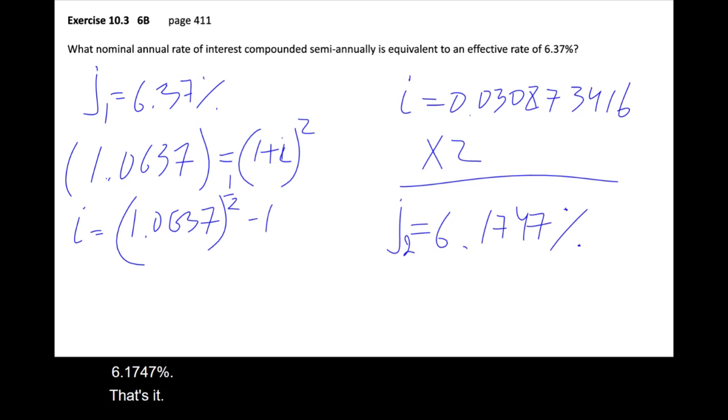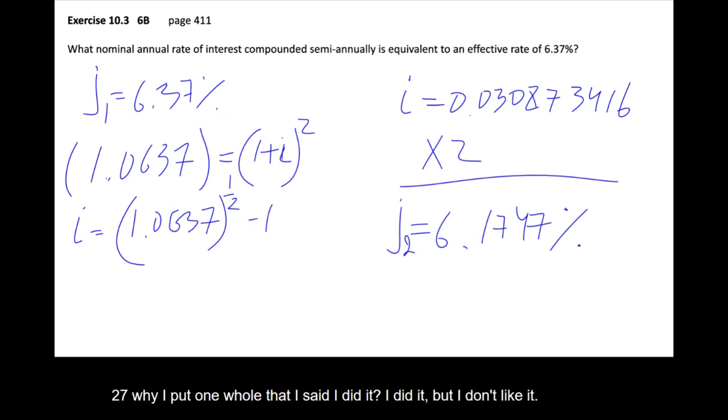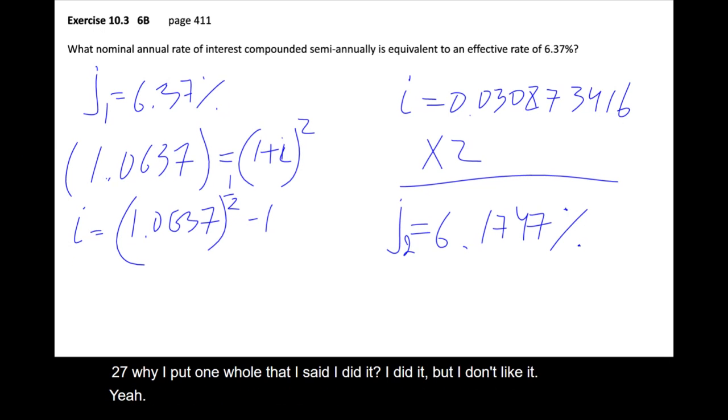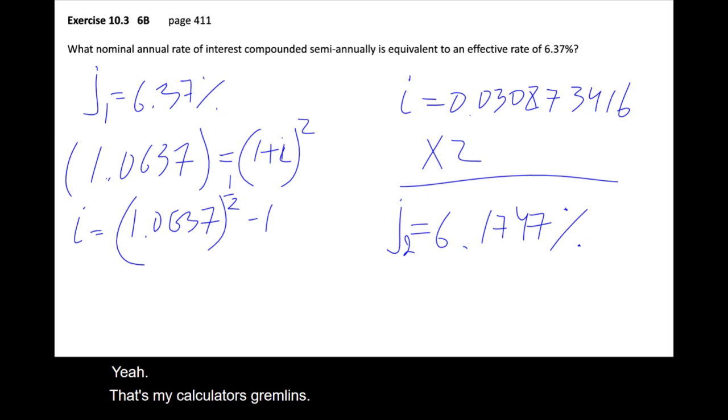That's it. Please check my calculations. Actually, 27. Why did I put one? Hold on a second. I did it wrong. That's my calculator's gremlins. Oh, here I have different numbers.